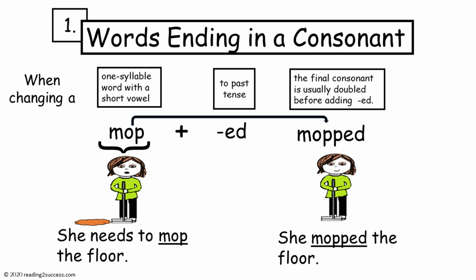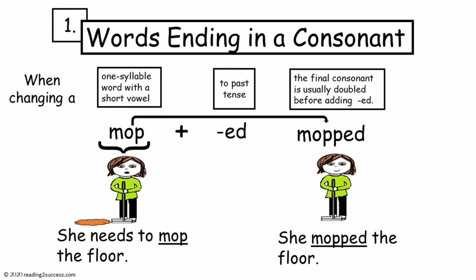Then adding the past tense ed, we doubled the final consonant, T, and added ed. So our word went from pet to petted. Our sentences are, he wants Lucy to pet him. And the past tense sentence is, he loves to be petted.